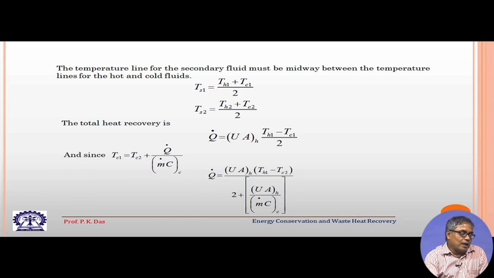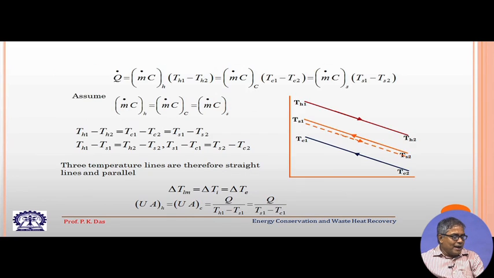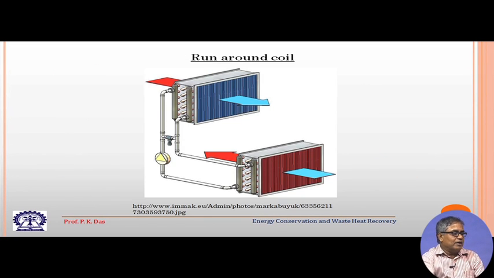This analysis can be made more realistic, but then the analysis will be complex. So, I avoid that. I would like to mention the application of runaround coil. Runaround coils are very extensively used for air conditioning applications. If we go back to the figure which I have shown at the beginning, this could be the air which is coming out of a room.